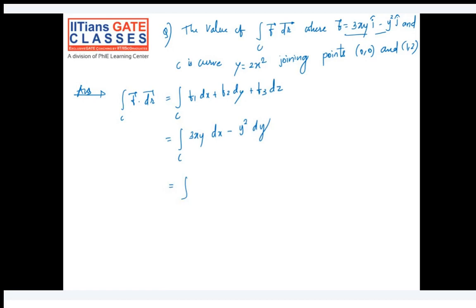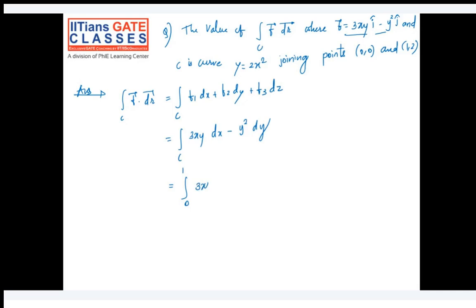Yeah. Because see, try to understand here what you are doing. Your point of interest is (0, 0) to (1, 2), and your integral is also in terms of x and y. So ultimately we have to convert this entirely into a one variable problem. So how can we do it?